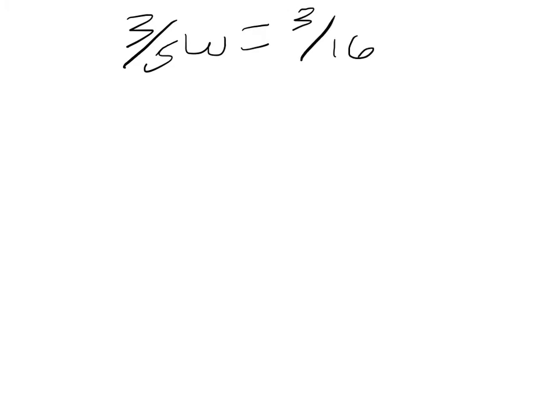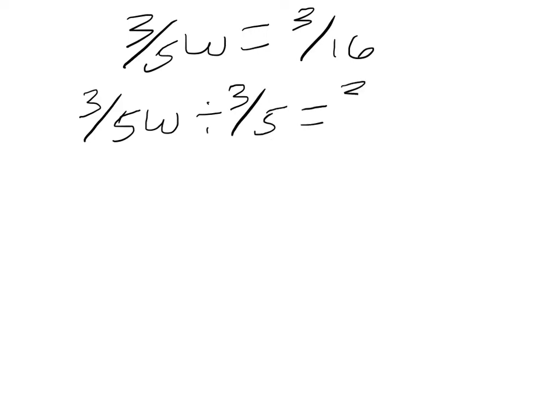Let's say we have 3/5 W equals 3/16. Okay, so 3/5 times W, we're going to use the inverse operation. So we're going to divide. So we're going to take 3/5 W and we're going to divide it by whatever we were multiplying by, which is 3/5.